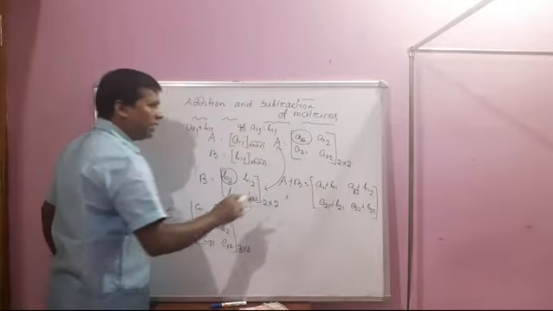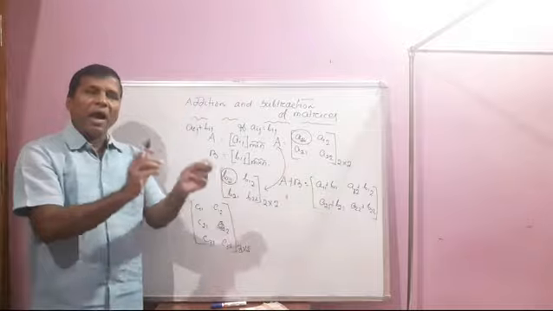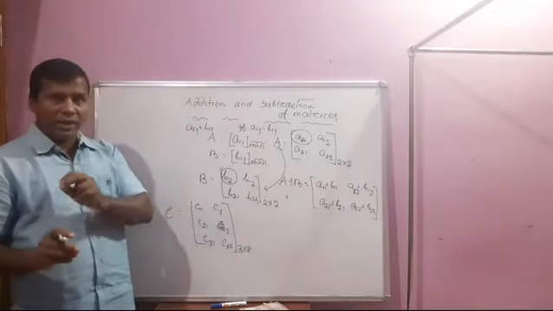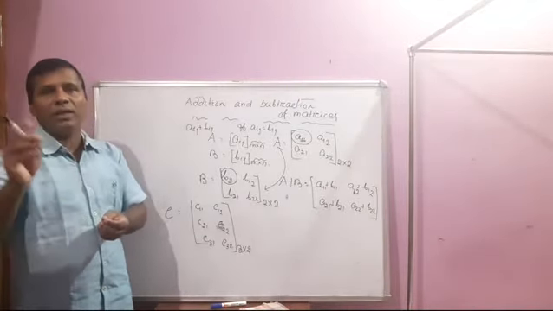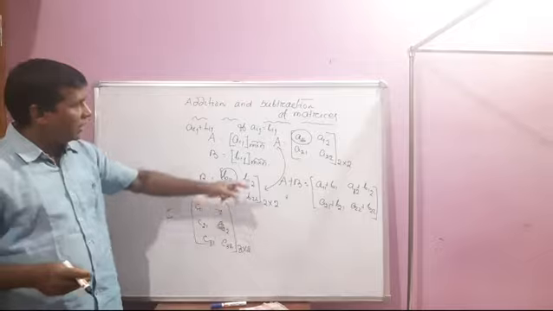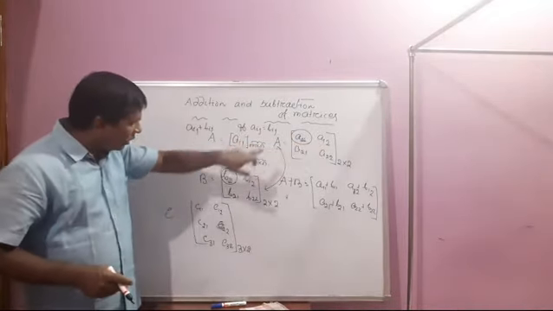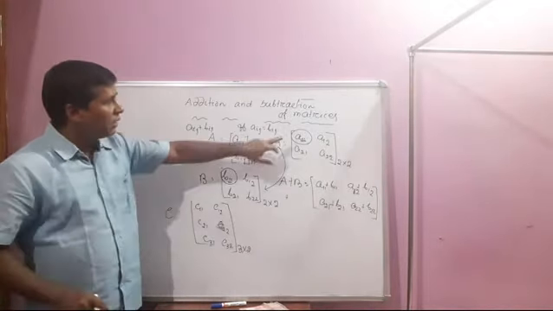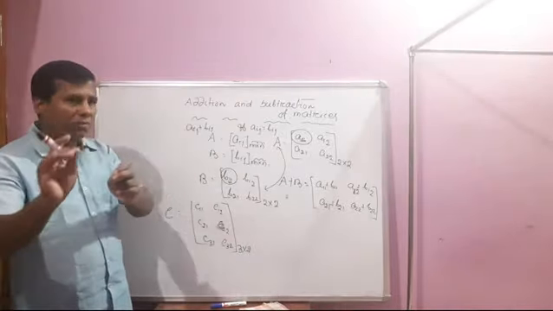When two matrices are added to each other, Aij is added with Bij. No entry position can be added with a different entry position of B. Just like this, A11 cannot be added with B21. Only position A11 is added with B11.